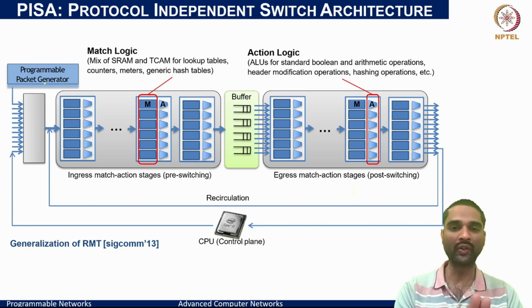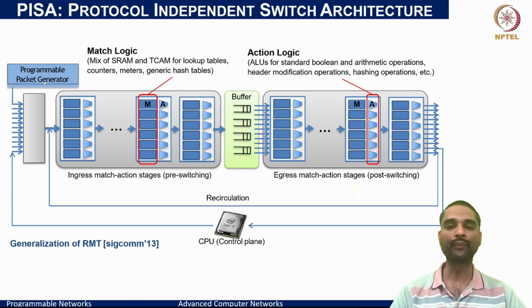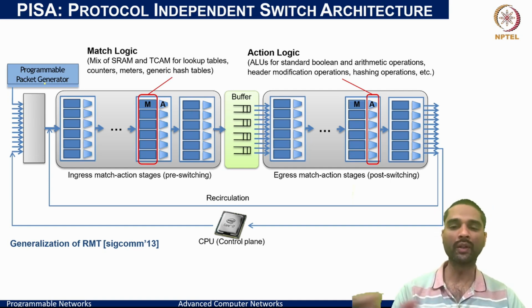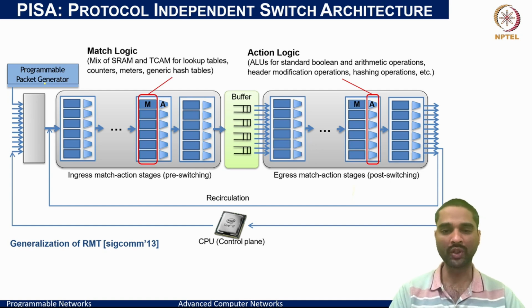And we could use for exact match the generic hash tables and look up the corresponding actions. And the actions part corresponds to the typical ALU operations that you would do, like Boolean arithmetic operations, header modifications, etc. And once you process through a set of stages, you can buffer the packets and then process them on the egress pipeline likewise, which is post-switching operations that you would want to do.